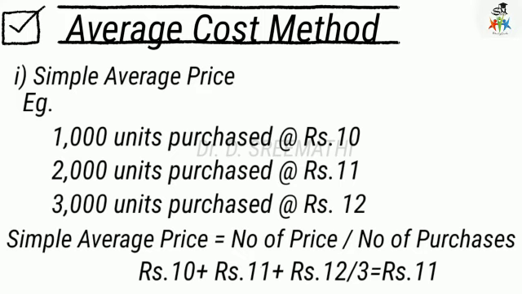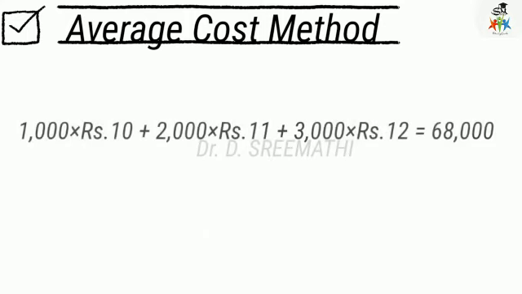But this price is actually not recommended or followed, because this method of calculating the issue price does not recover the cost price of materials from production. Let us see how. Suppose you calculate the actual price of materials: 1000 units purchased at 10 rupees is 10,000, 2000 units at 11 rupees is 22,000, and 3000 units at 12 rupees is 36,000.